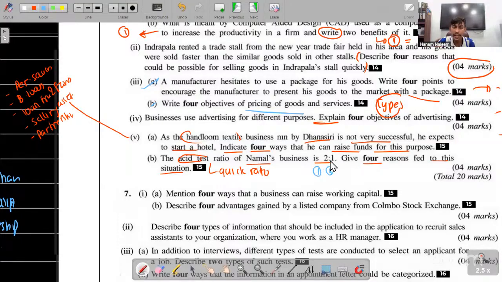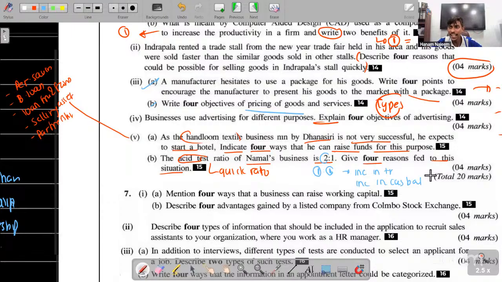That means if you want to settle a current liability, there should be one quick asset. But in this scenario, you have more than one quick asset. So maybe you can simply write what things we record in quick assets, trade receivables. You can write increase in trade receivables. And what other thing can we write? The cash. So you can write increase in cash balances, or high cash balances.